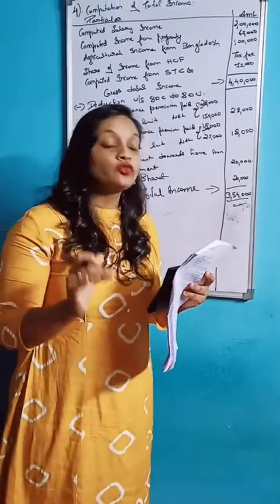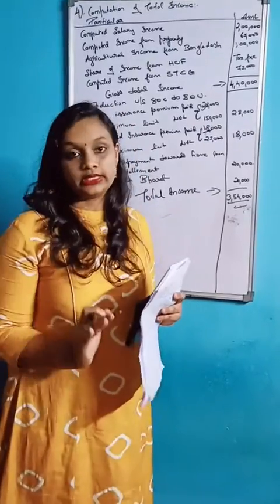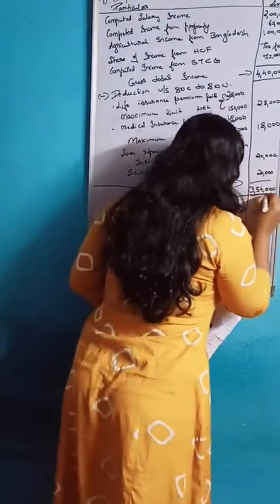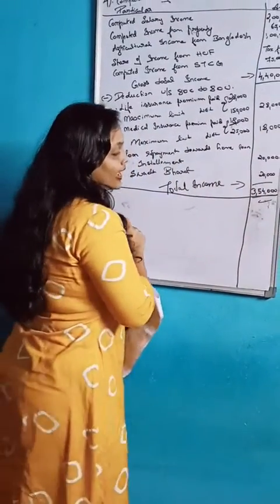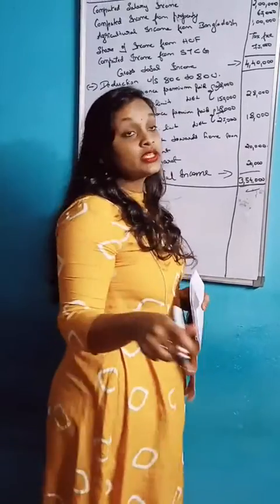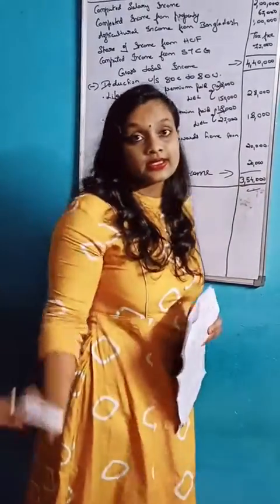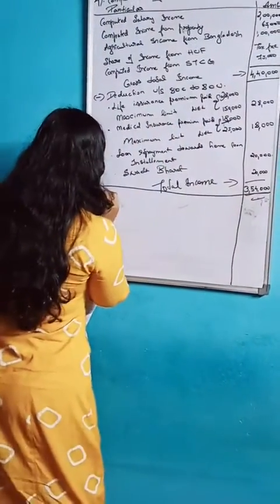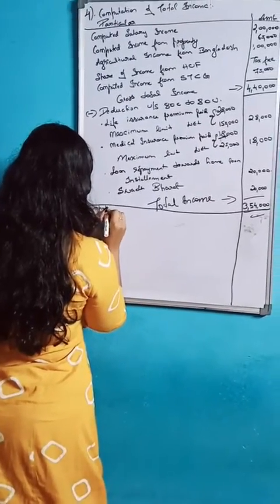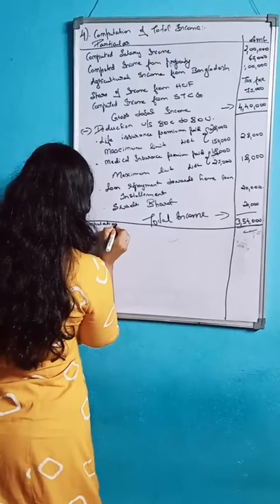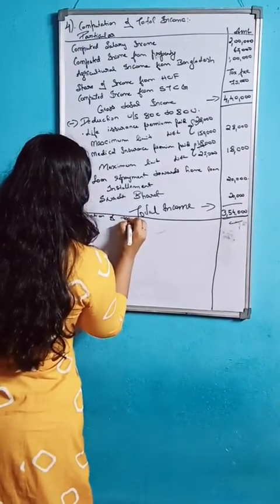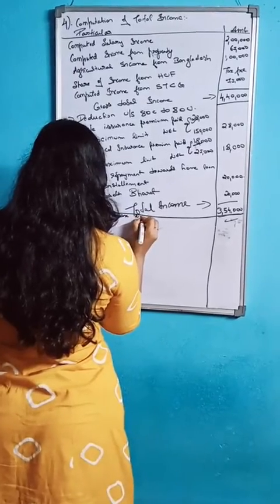Next, we should find out the tax liability. First step is over. Then we should find out the tax liability, because total income is 3,54,000. So here I'll write computation of tax liability.